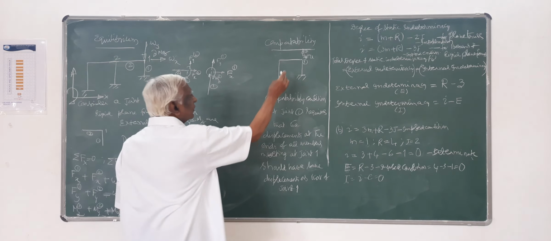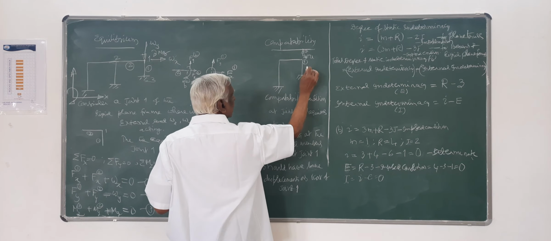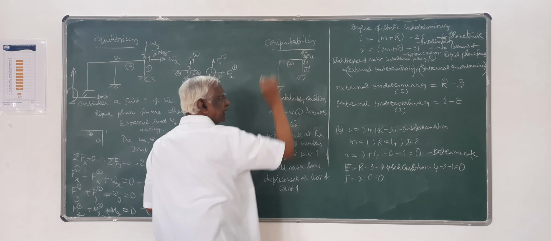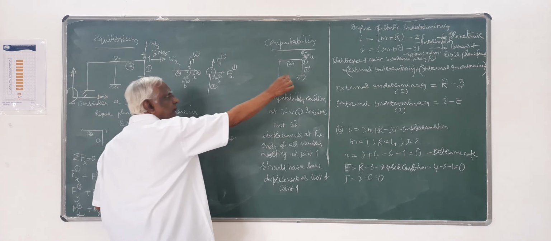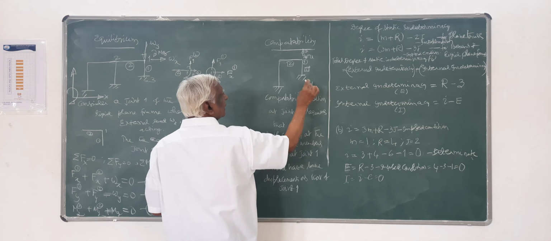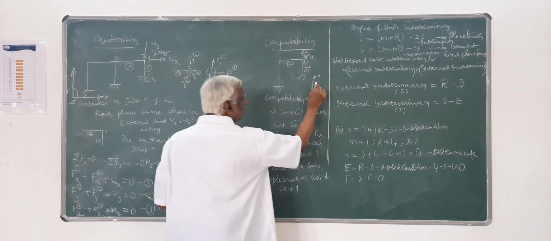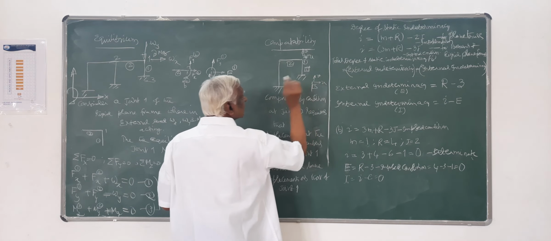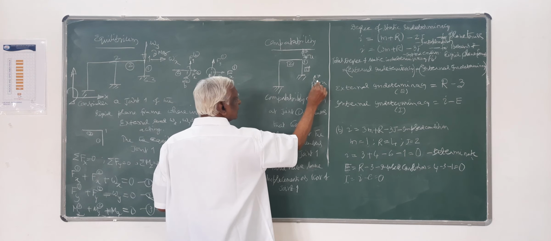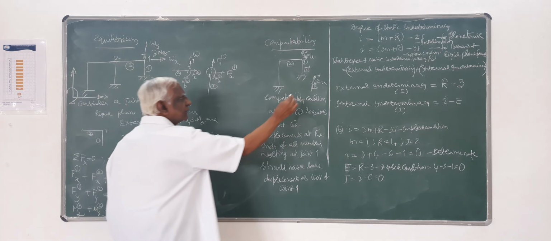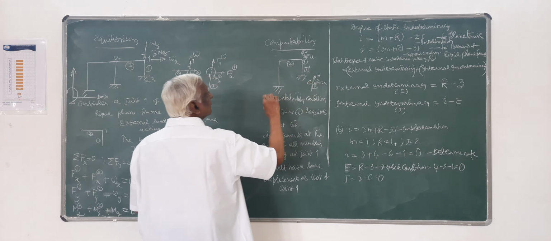That means if you take this as member 1, this as member 2, these are the 2 members meeting at the joint 1. This member, since it is a vertical member, you should have the same vertical displacement v, the same horizontal displacement u, and the same rotation theta at this joint 1.